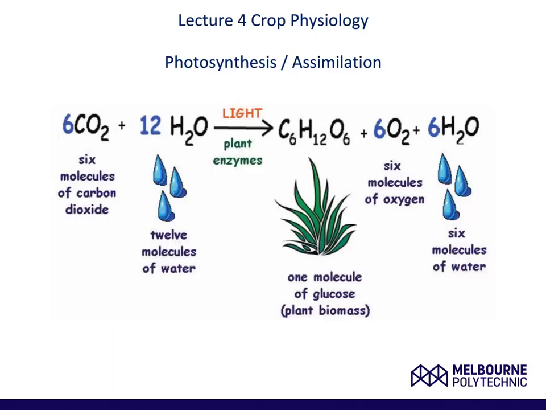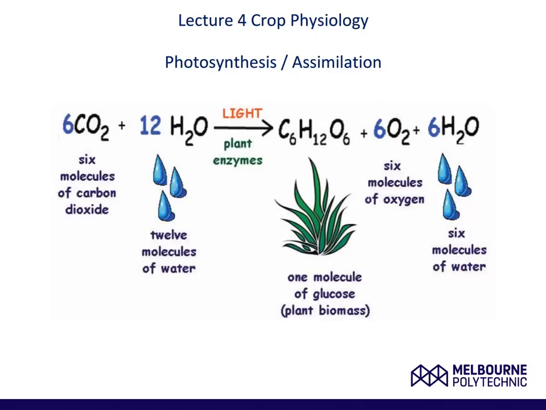We call the process photosynthesizing. All plants photosynthesize, and in summary, you can think of it as in the equation on the slide, which may look complicated at first, but once broken down is quite simple.